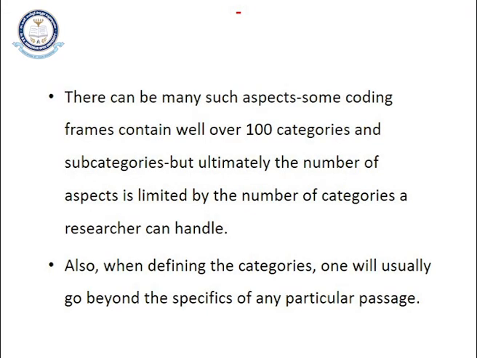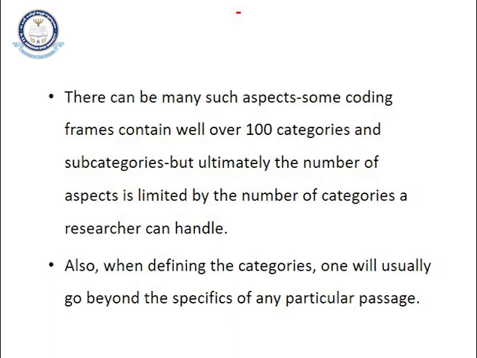There can be many such aspects, with some coding frames containing well over 100 categories and subcategories, but ultimately the number of aspects is limited by the number of categories a researcher can handle.